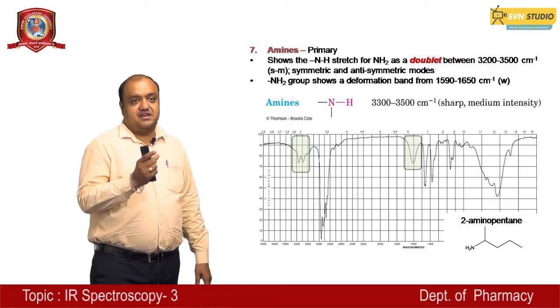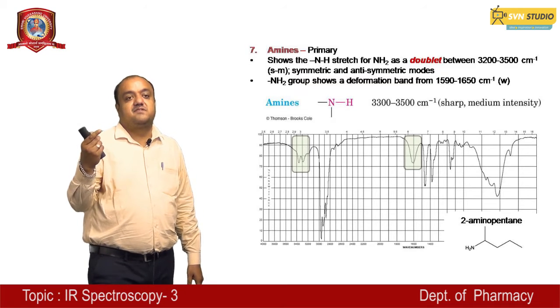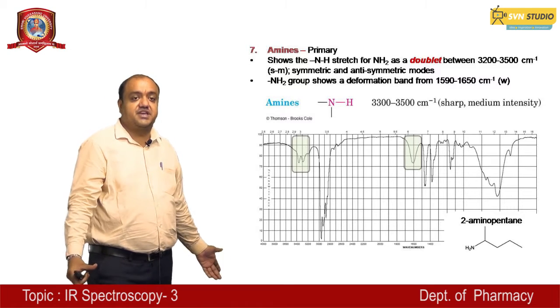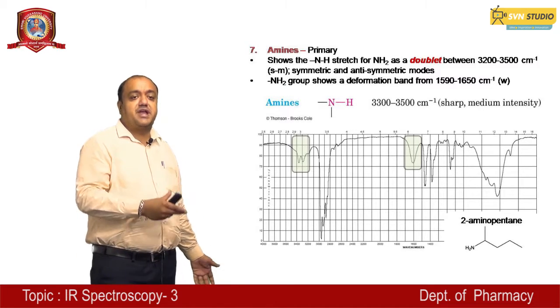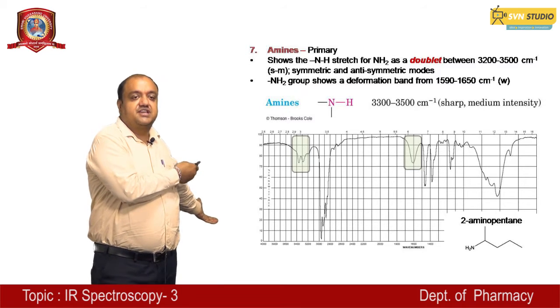NH in amines shows at 3300 to 3500 centimeter inverse, with sharp, medium intensity peaks, for example 2-aminopentane, and their peaks are shown in this spectra.